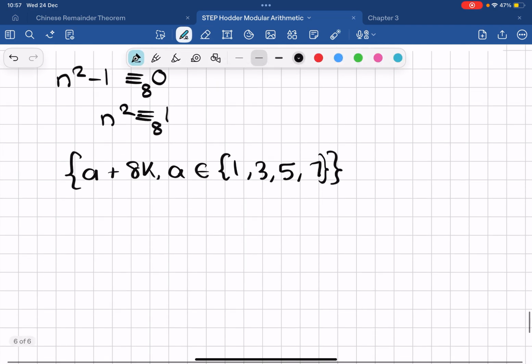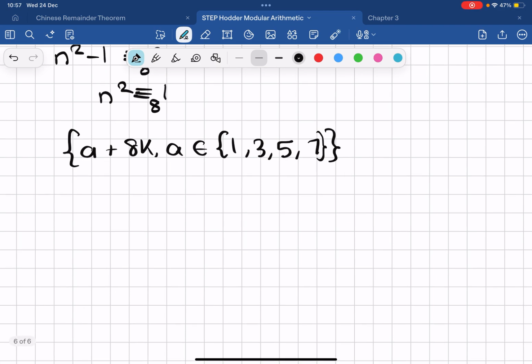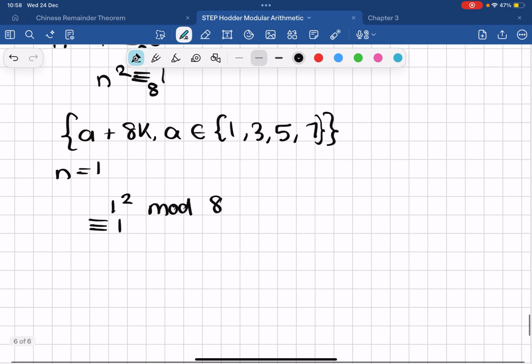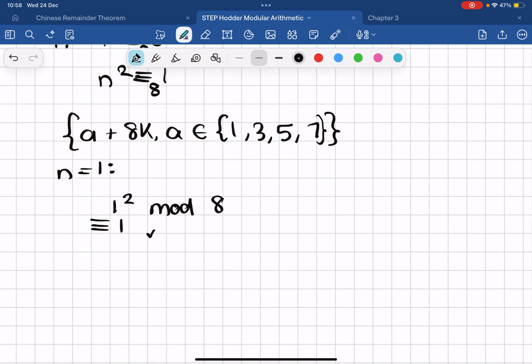So let's go ahead and test values, our a values. When we have n as 1, we've got 1 squared mod 8, which is congruent to 1 mod 8, which is just 1. So that works, so we can put a tick there.